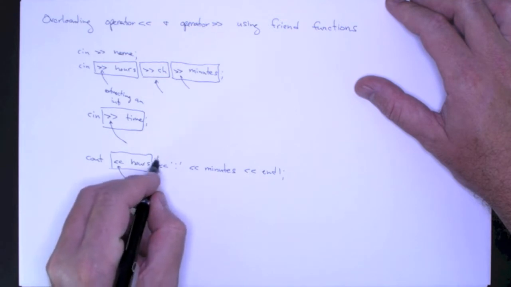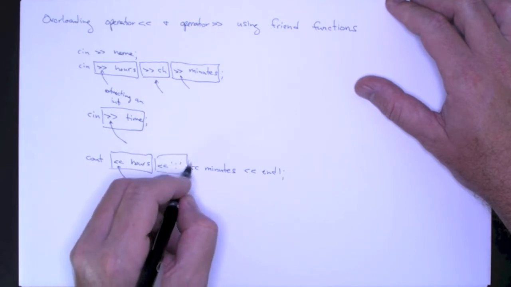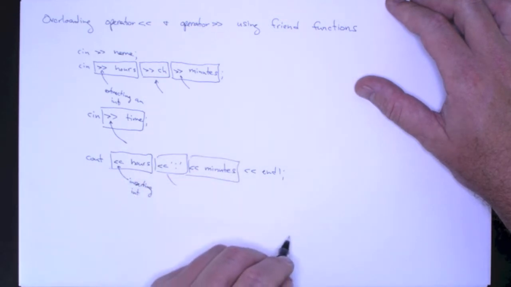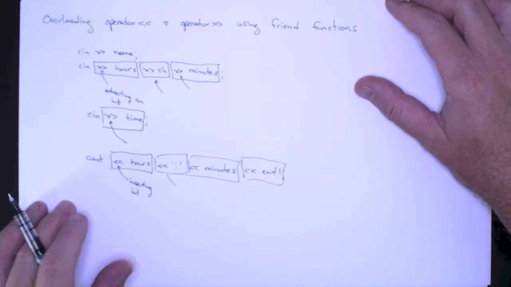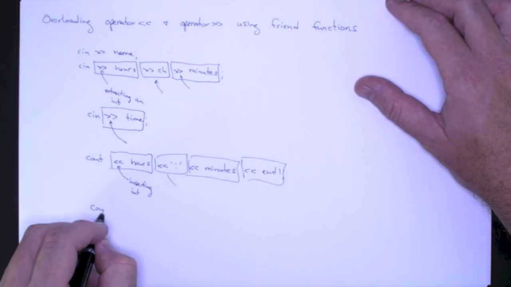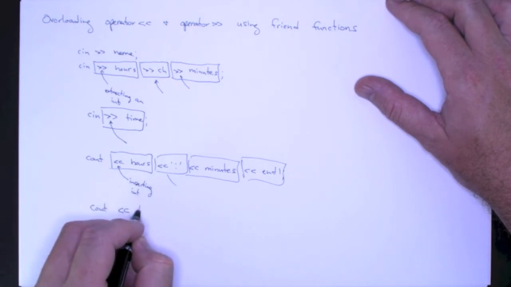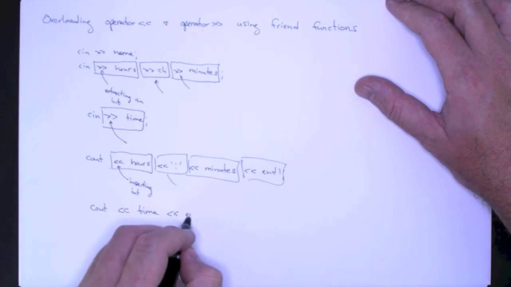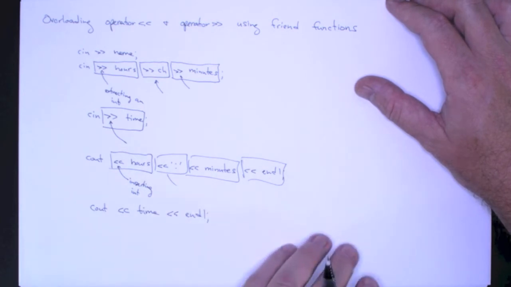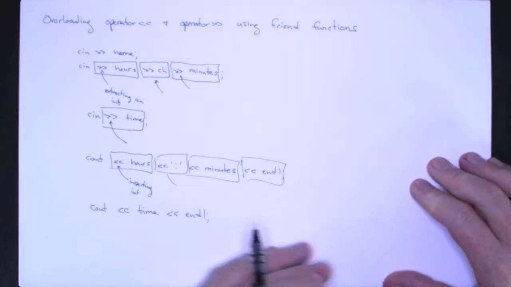This is inserting a character. This is inserting another integer, and this is inserting the end of line. What if I want to use the stream insertion operator for a time object? How can I do that? Or multiple time objects.